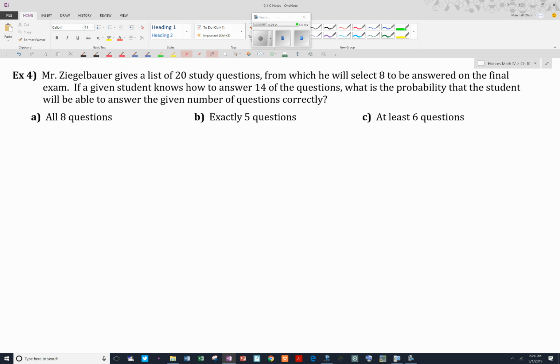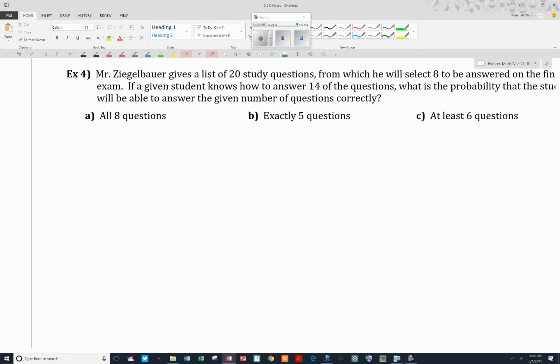There's 20 questions. You know 14 of them. He's putting 8 on there. We want to know the probability that you answer, or it says some student, but let's say it's you, the probability that you answer all 8 questions correctly. So the probability that you know all 8. Now, first of all, let's talk about what the denominator should be, the sample space. How many different groups of questions, or how many different exams, are possible for Mr. Ziegelbauer to put together?